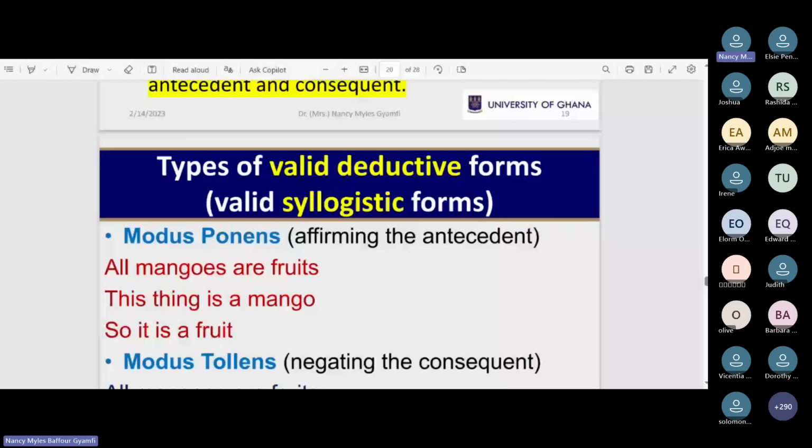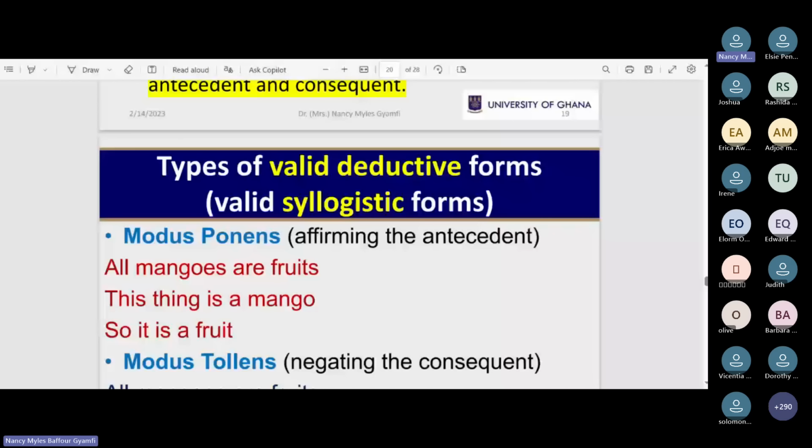Take all of it like that and bring it as your next premise. If they didn't give you a not, they gave you the statement without a negation in it, no problem. Bring that one. So affirm it means bring the antecedent as it was given to you. Affirm the antecedent. Then what? Then conclude with the affirmation also of the consequent. That is not our headache. Our headache is what you did in the middle there.